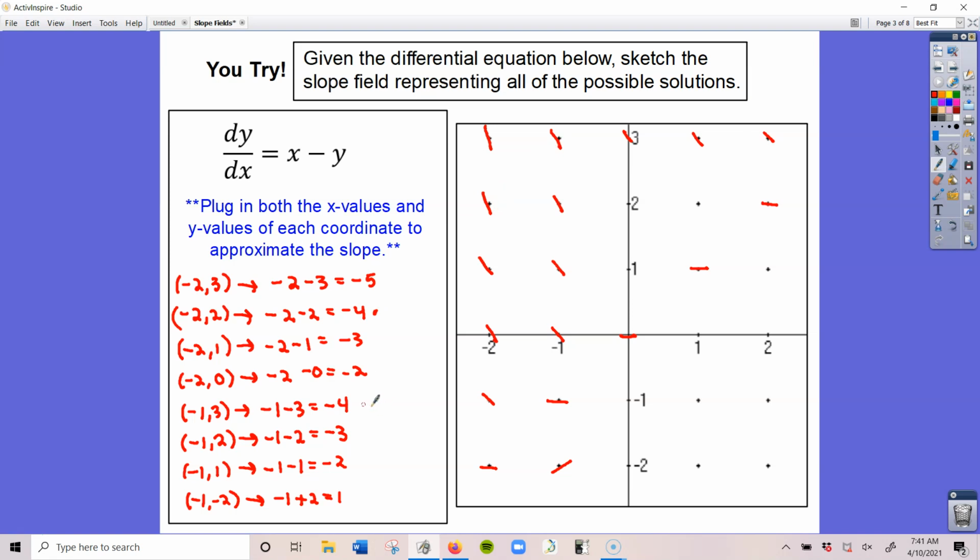And then this one at (-1, 3) is also -4. If you look here at (-2, 0), our slope was -2. And at (-1, 1), our slope was also -2. So the slopes here are the same as you go diagonally. So that's another pattern that you could establish.